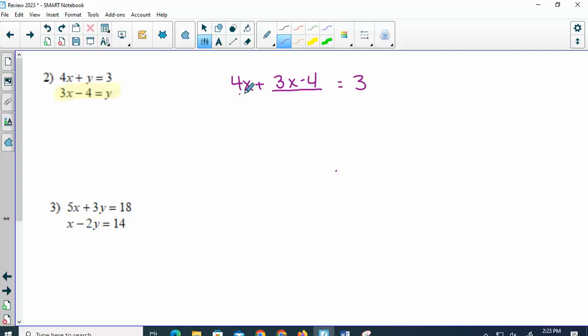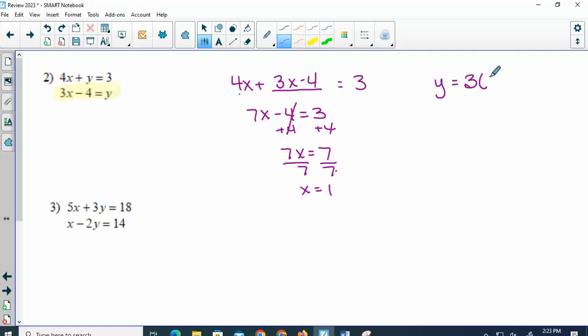So add like terms. 3x plus 4x is 7x. Add the 4. 7x equals 7. And once we have x, we can plug that back into y. Get y.